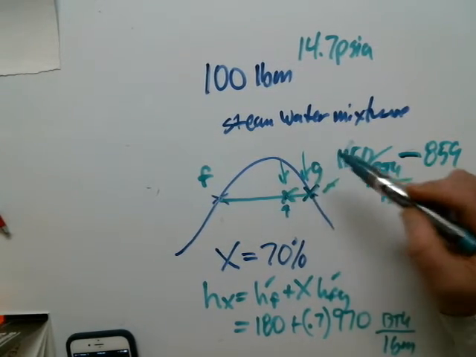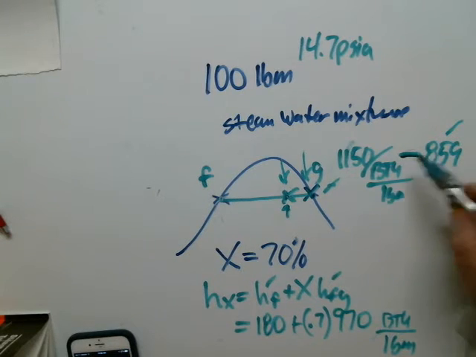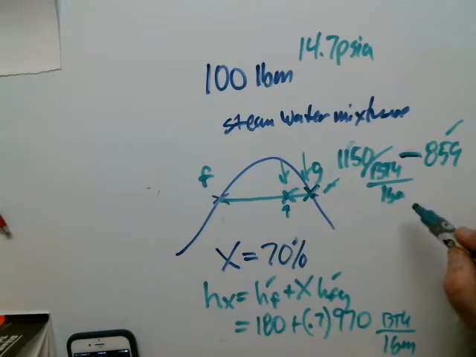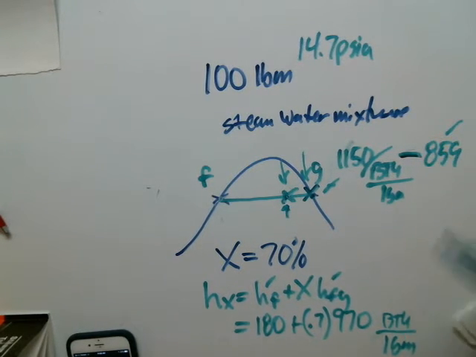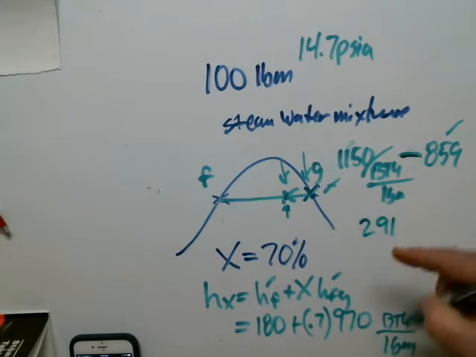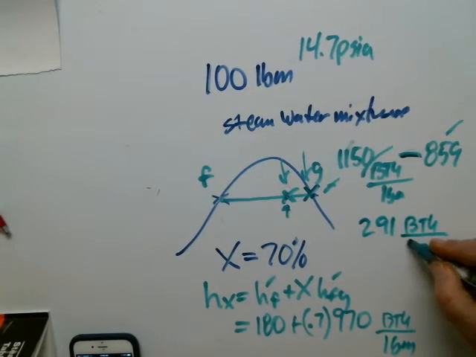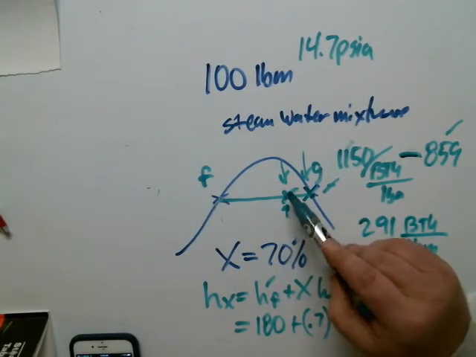Here's the enthalpy that exists right now, 859. The difference is 1150 minus 859, which is 291. So I need to add 291 BTUs to every pound mass to turn it from a 70% quality water steam mixture to 100% quality steam.